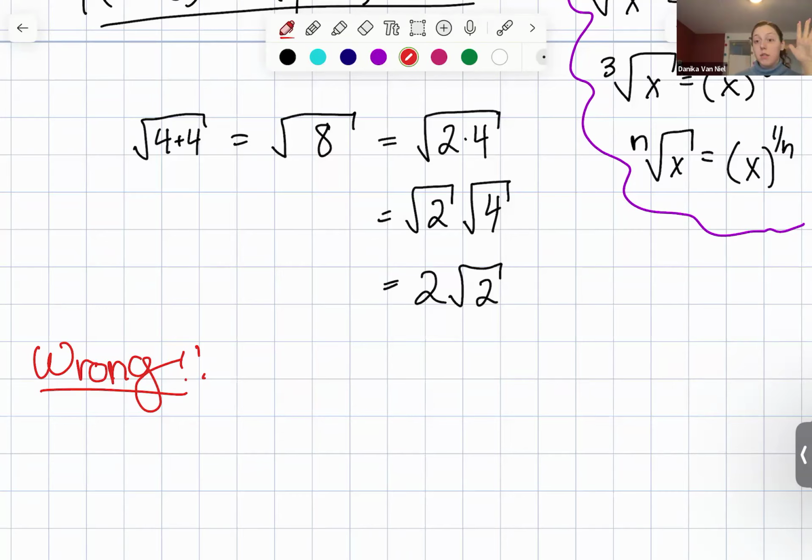So I'm going to keep reminding you that this is not true, that this is false. So if I start with the same problem, I do 4 plus 4, right, under my square root. If I try to distribute the square root over addition, meaning split it over addition, which is not correct, this is wrong to do. This is mathematically wrong to do.